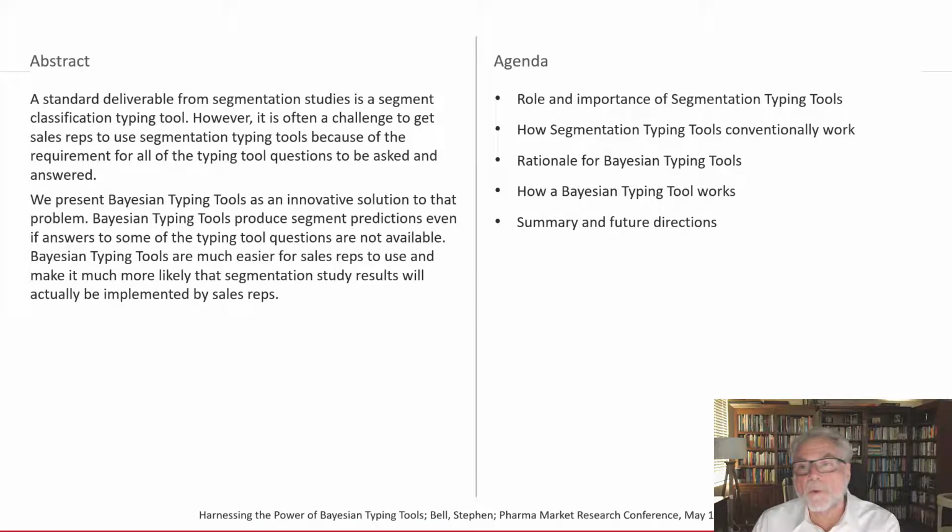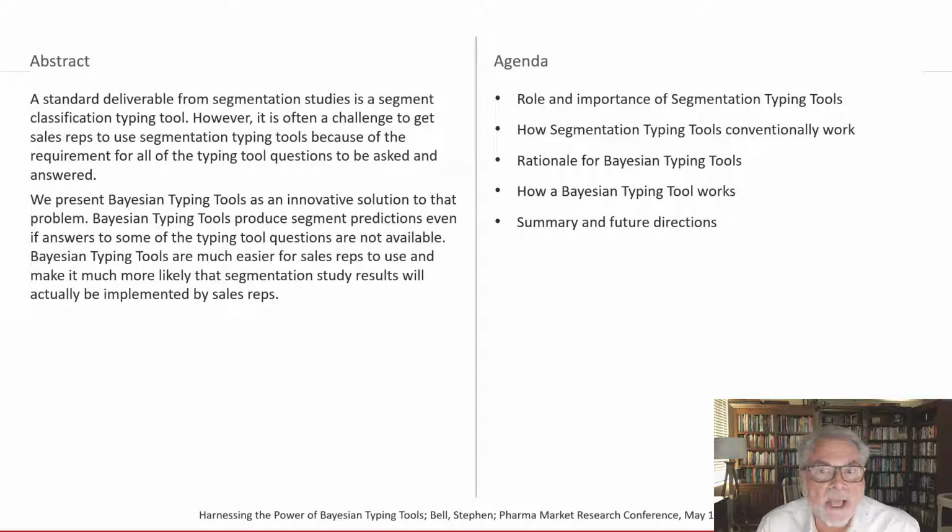The agenda for my presentation is there on the right. Basically, we'll start with conventional segmentation typing tools. What is their role? Why are they important? How are they used? I'll then point out a pretty significant problem with conventional typing tools, and that problem becomes the rationale for a different approach, the Bayesian typing tool.